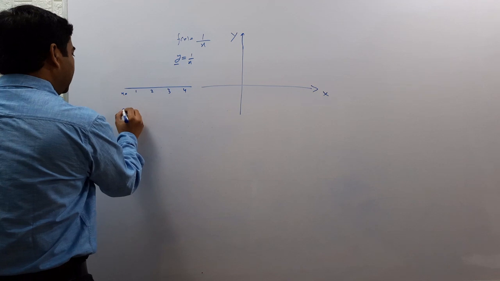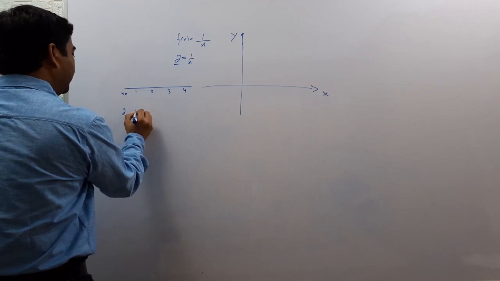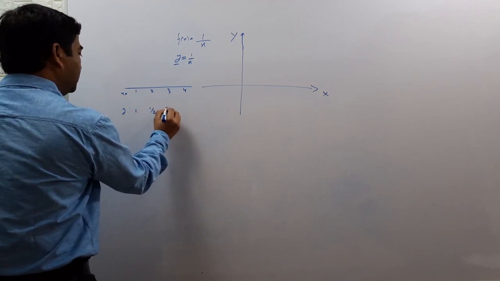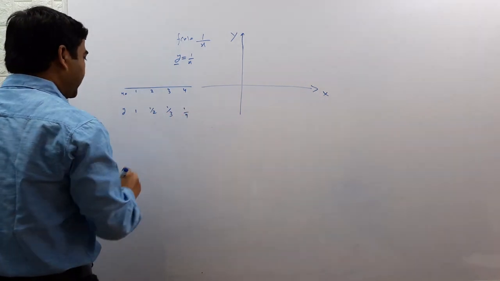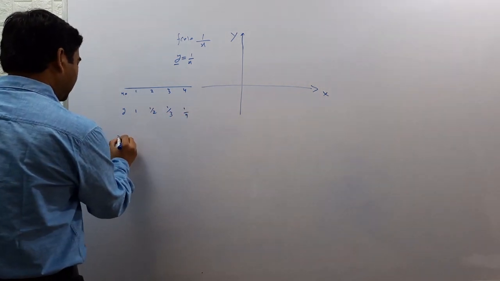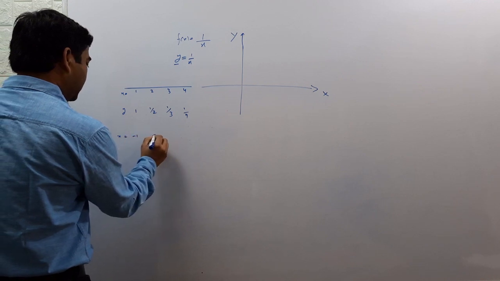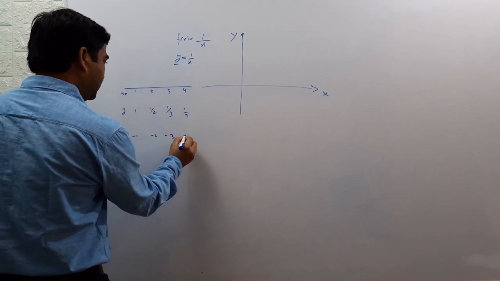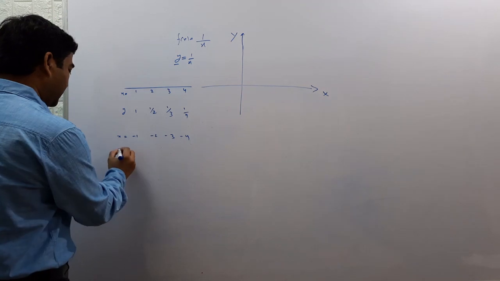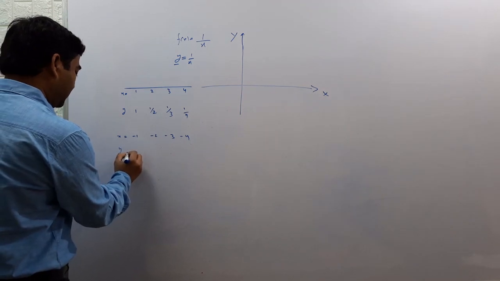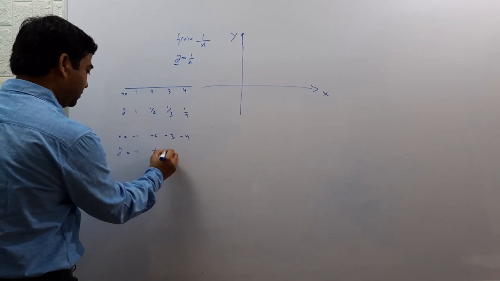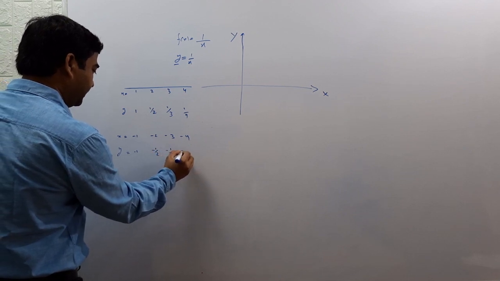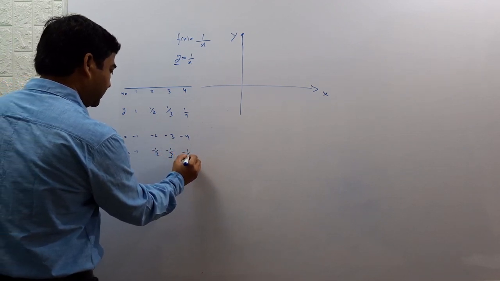Then you will see the values of y are 1, 1 by 2, 1 by 3, 1 by 4. And put the values of x as minus 1, minus 2, minus 3, minus 4. Then you will find the values of y as minus 1, minus 1 by 2, minus 1 by 3, minus 1 by 4.